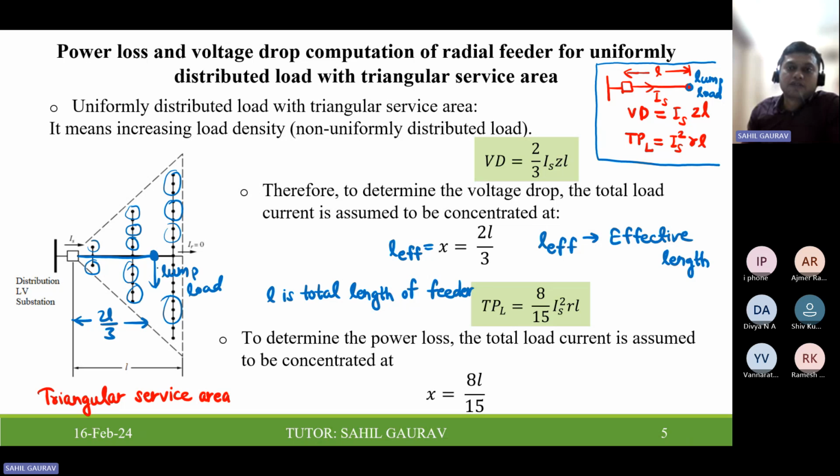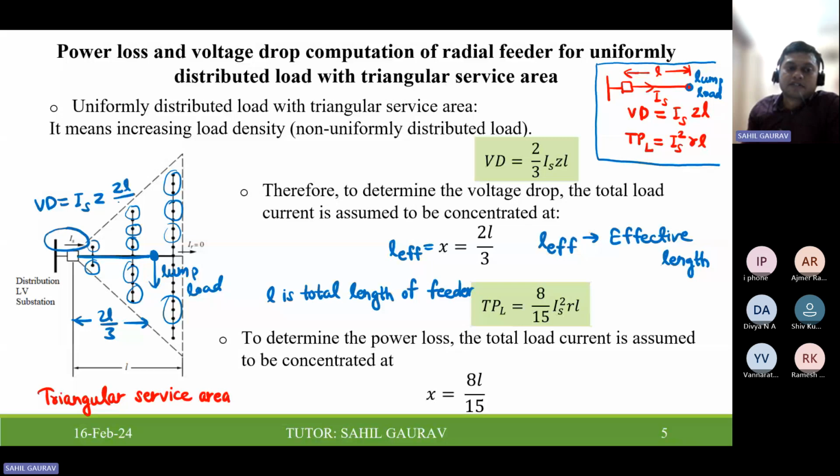So for this case, if you find voltage drop, then this voltage drop is I into Z. So IS is the current that is coming out from the substation, and this Z is per unit length impedance, and effective length is 2L/3.